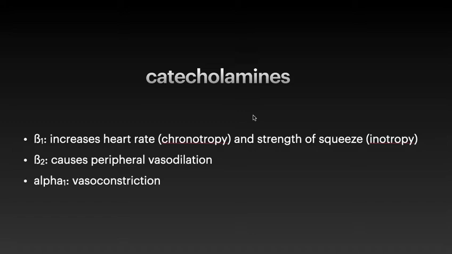And then its alpha 1 activation causes kind of just the opposite of beta 2, actually. In other areas, like your gut vasculature and your kidneys, it causes constriction of those arteries so that you can divert blood flow to the muscle tissues, which you're going to be utilizing for the situation where your epinephrine's high.